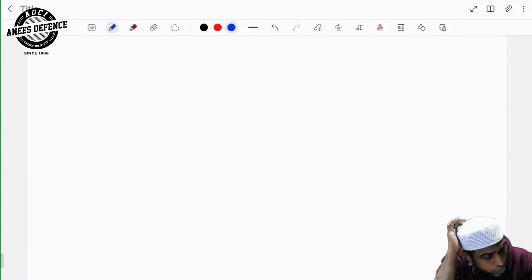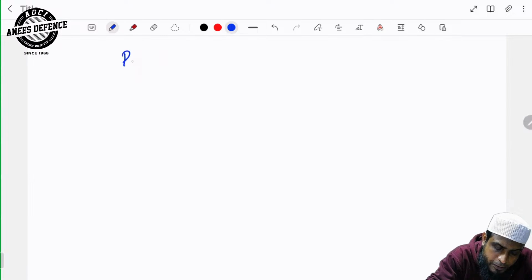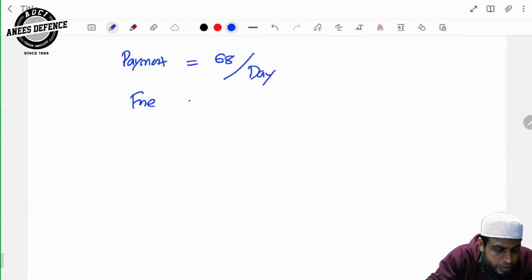Aditya joined an internship on the condition that he would be paid rupees 68. So payment is 68 per day. Fine is rupees 10 per day.